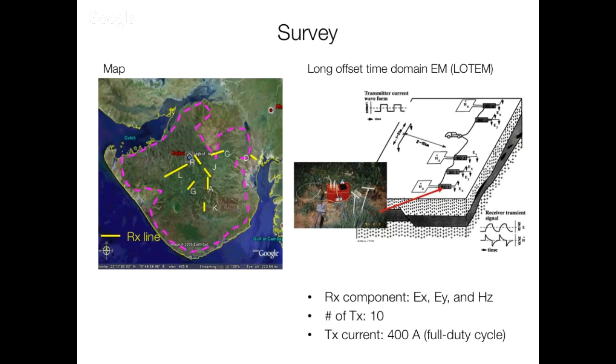It's a grounded dipole, just like we've been talking about. You measure data away from here, both the magnetic and electric fields, and the goal was to invert these and find out what they could say about the sediment thickness.